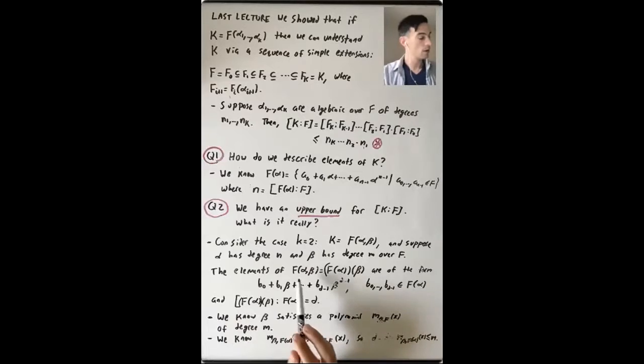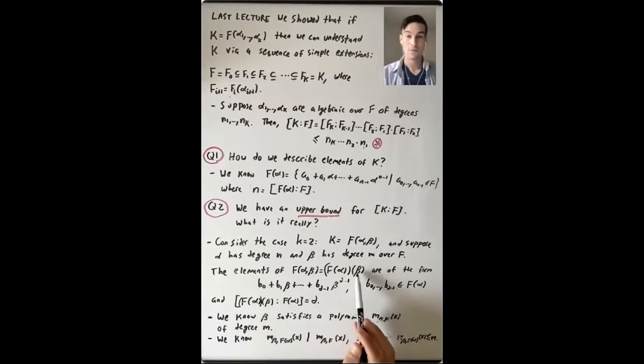So what do the elements of the field generated by alpha and beta over F look like? Well, this lemma that we proved last time says that this field is the field generated by beta over F adjoin alpha. So for a field like this, we know what the elements look like.